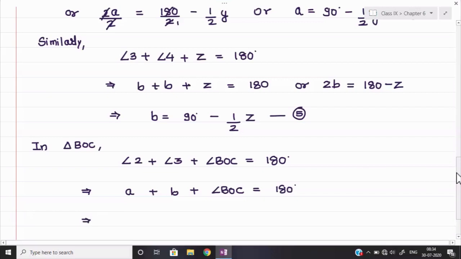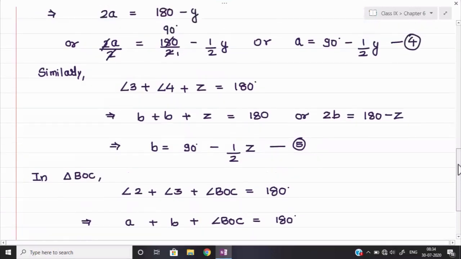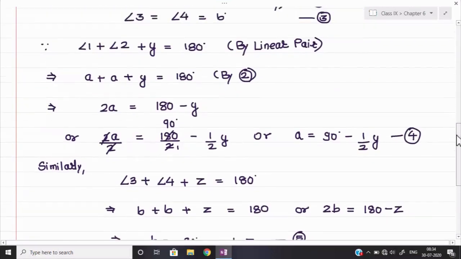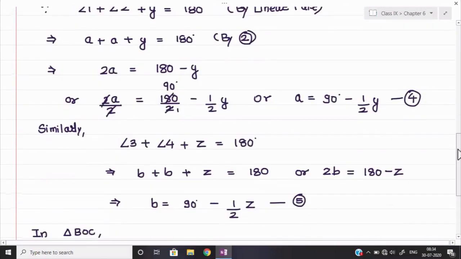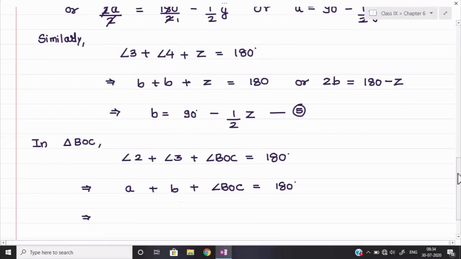As you can see, angle 2 I kept A, that is by equation number 2, and angle 3 I kept B by equation number 3. So here we shall give the reference by equation 2 and 3.